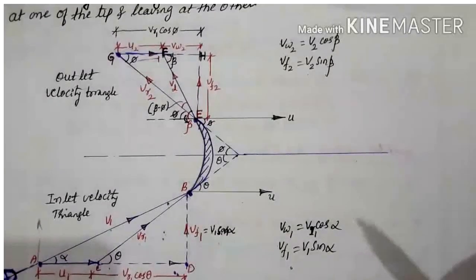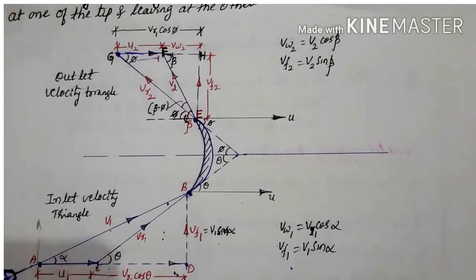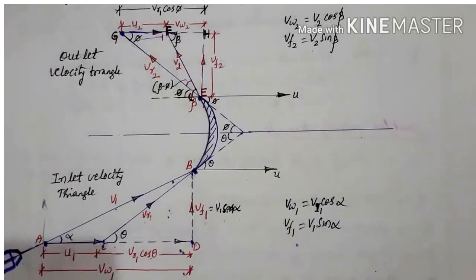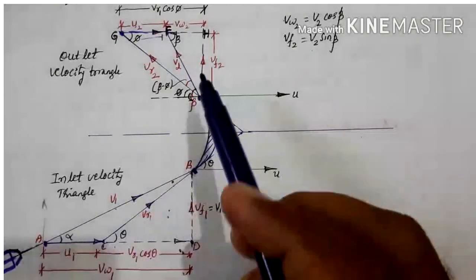So with these triangles, now we have to derive the equation, that is, the force exerted by the jet on the vane, considering these two triangles, inlet as well as outlet.